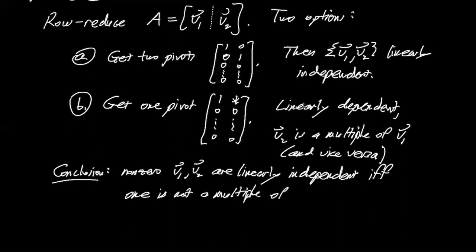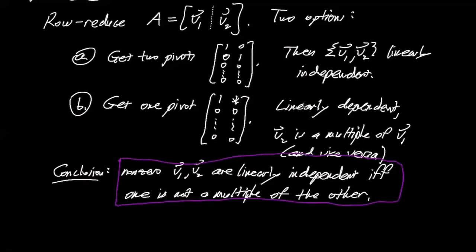So if you're looking in 2 or 3 dimensions, you basically want to just check if the vectors point in the same direction or not. And the same direction could mean opposite direction, because one could be a negative multiple of the other. Okay, so that's pretty easy.